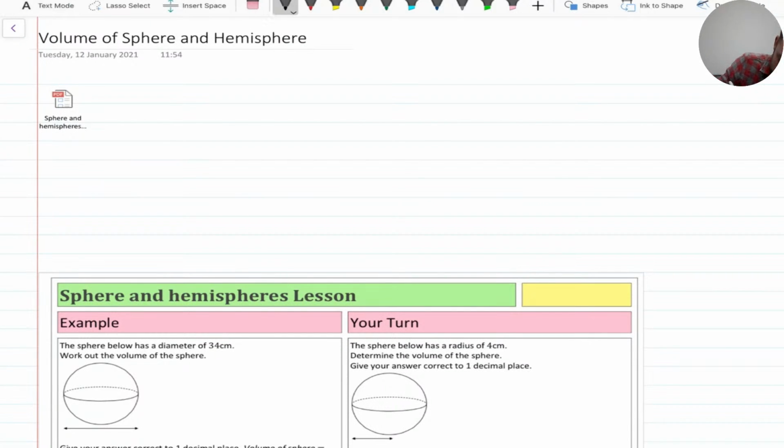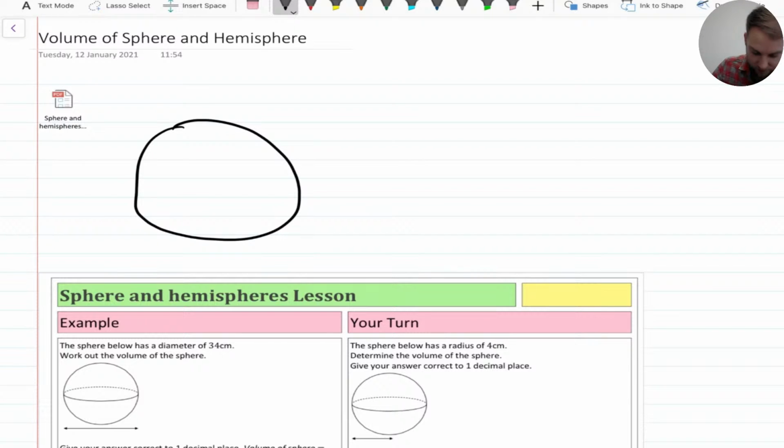So the best way to do this is to draw a circle. Draw a circle, and then if you do a dotted oval around here, and then go from the center to the edge, and this is the radius, like so.